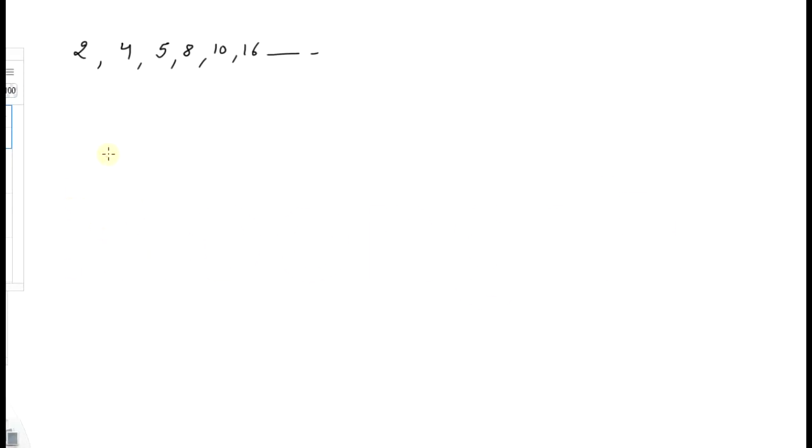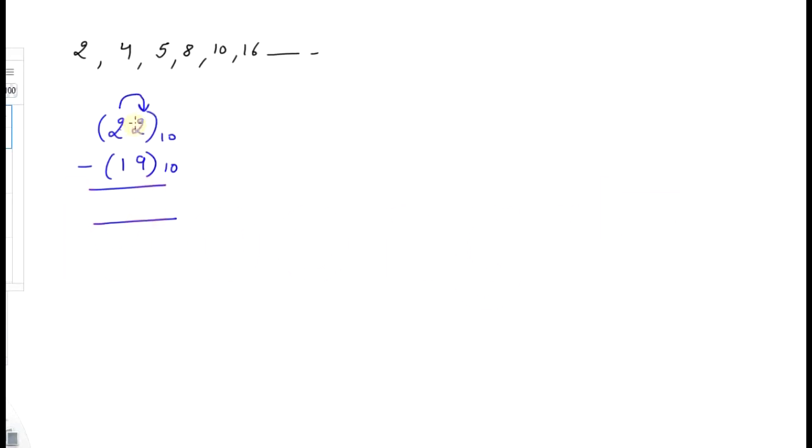Let us take a basic example in the decimal number system. Suppose a number is 22 and you have to subtract 19 from this 22. How does the subtraction happen? Here 2 minus 9 is not possible, so you take a borrow from here.